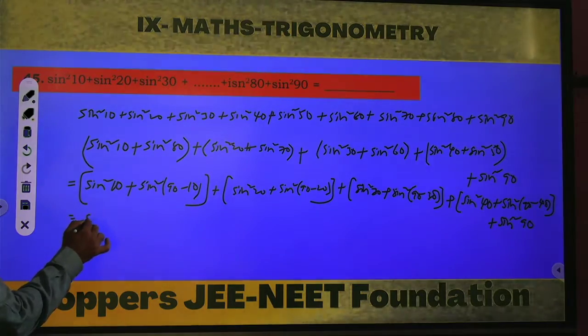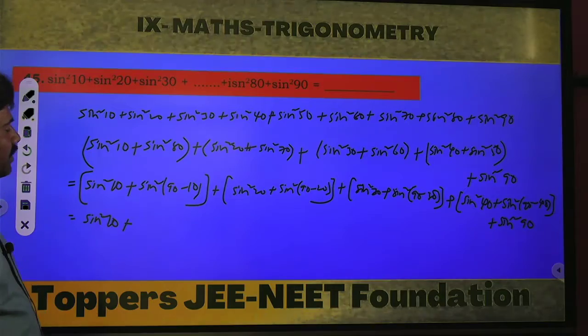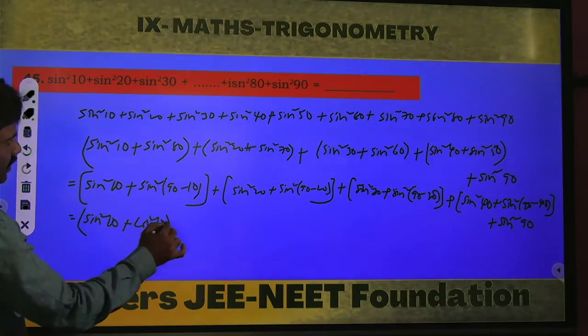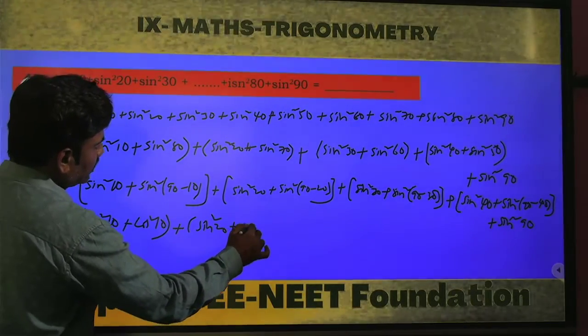Sin of 90 degrees minus 10 is cos 10, so this becomes sin square 10 plus cos square 10, and in the same way sin square 20 plus cos square 20.